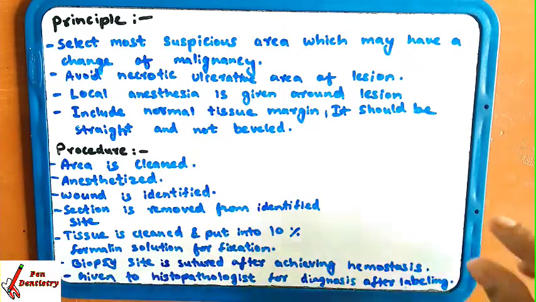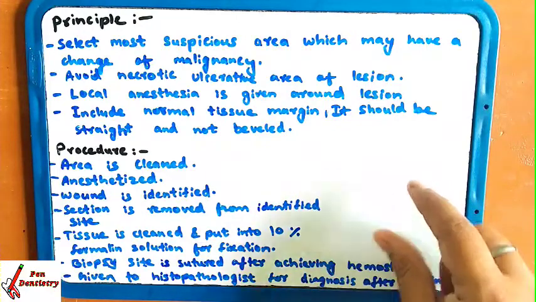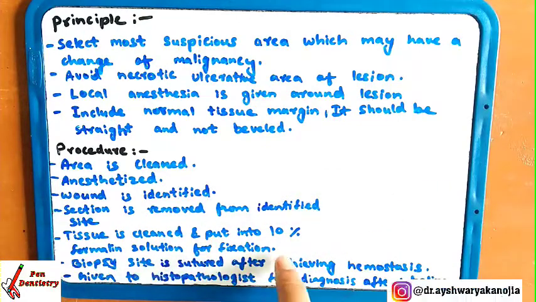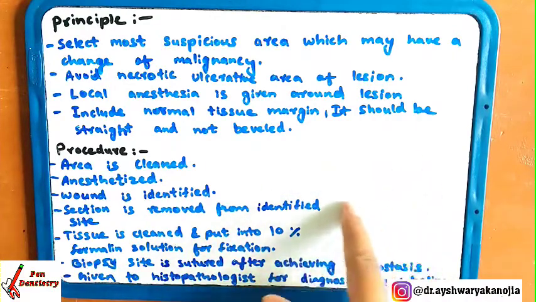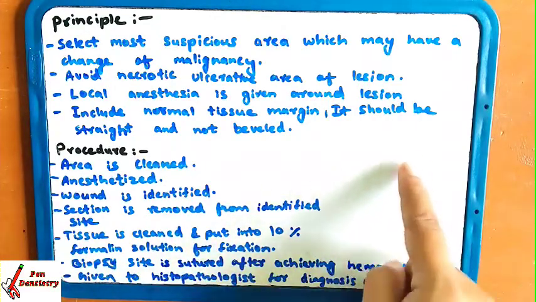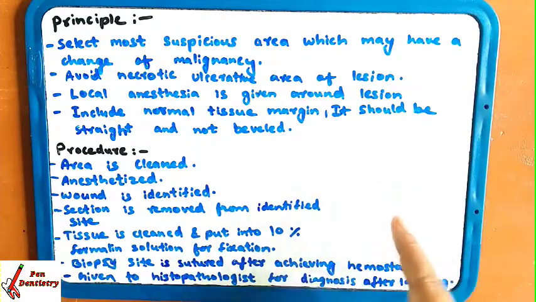As you have removed the section, you put that section in the 10% formalin solution for fixation. The biopsy site is sutured. The site from where the tissue has been removed will be sutured after achieving hemostasis, after the clotting of the blood takes place.